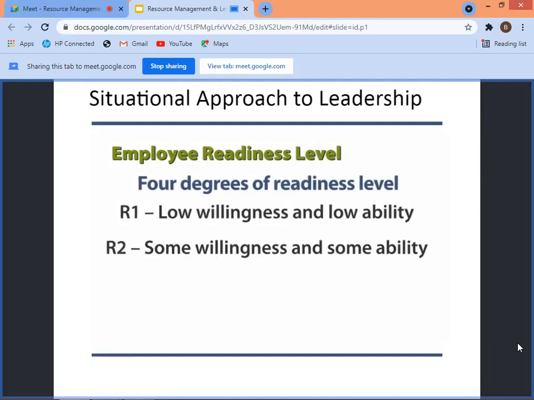Okay. So, R2 has been developed from R1. He has already attained some willingness and some ability, some skills, some capability. Where did he get it? He got it from regular training and development. Training is different from development.